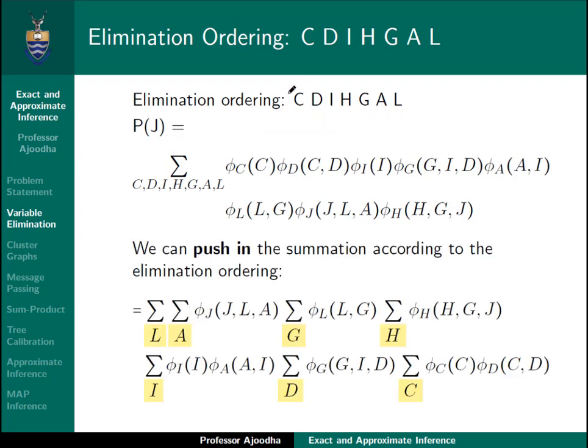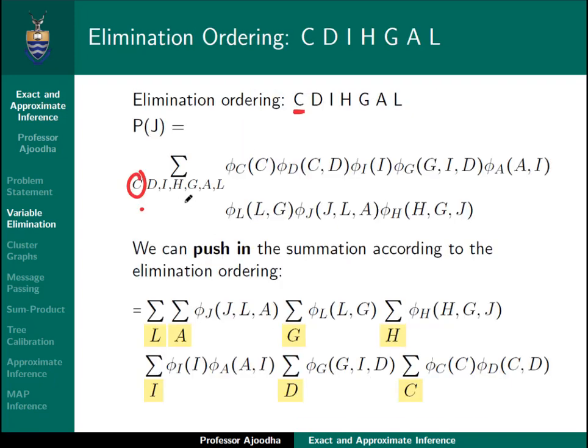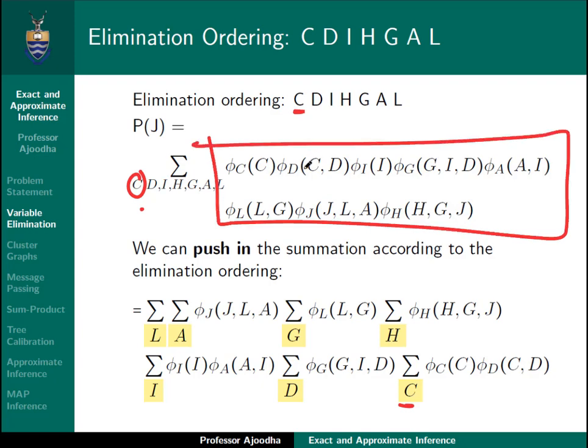So let's push the summation in according to the ordering. We're going to push the C in the most because that's what we're going to eliminate first. So the C goes right to the end, and all of the factors in this factorization that involve C need to join the summation at that section.